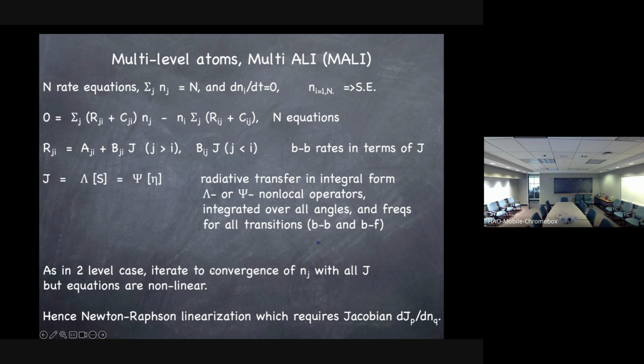So all we need, in essence, from the transfer equation, which is J equals lambda S, remember, S is an implicit function of the n's. If we can write that explicitly as a function of n's in approximate form, we've got a matrix equation in n's only, because we've eliminated J's from here.